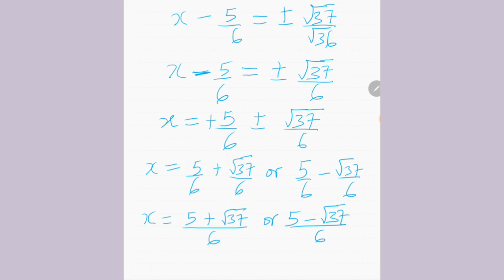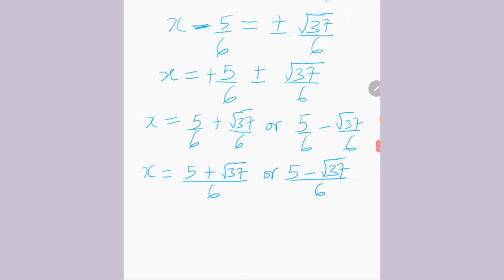You can stop here, but if you want to use a calculator, you can. All you have to do is find the square root of 37, then do 5 plus the square root of 37, then divide by 6, and you can do the same for the other one too, meaning you do 5 minus the square root of 37, then divide by 6.